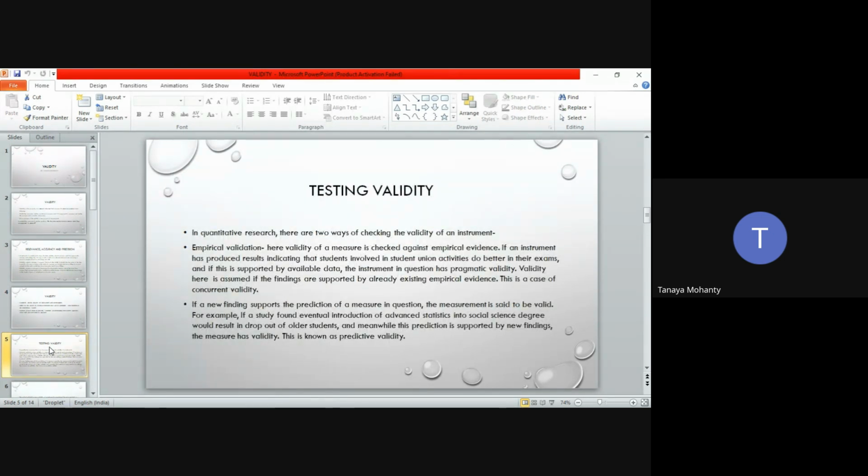Now, how do I test validity? Whether my instrument is valid or not, how do I test it? As I told you, the scientific method is more objective and more clear when it comes to testing validity, because it has a protocol and at the same time fixed tools and instruments.